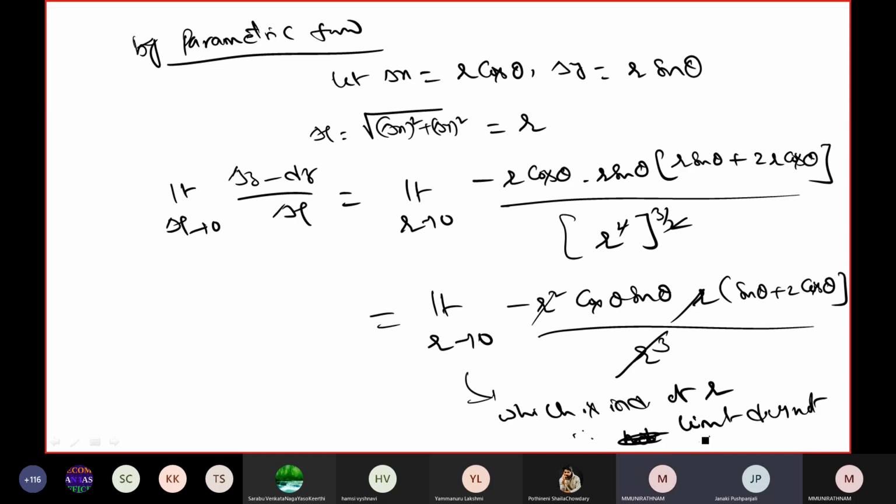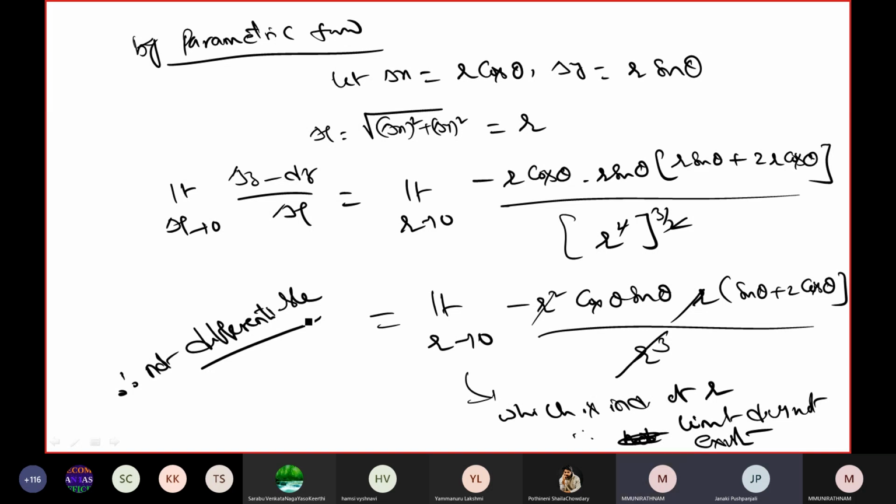Therefore, not differentiable. Okay na? So this is by method A.